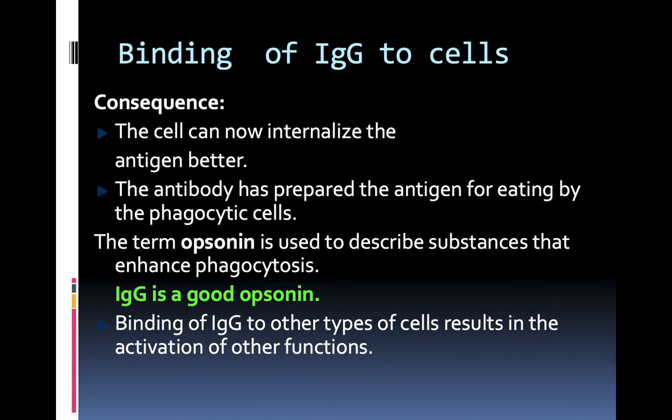As a good opsonin, IgG can also prepare the antigens for processing by phagocytic cells, and the overall process of phagocytosis is enhanced by the IgG molecule covering the whole antigen.